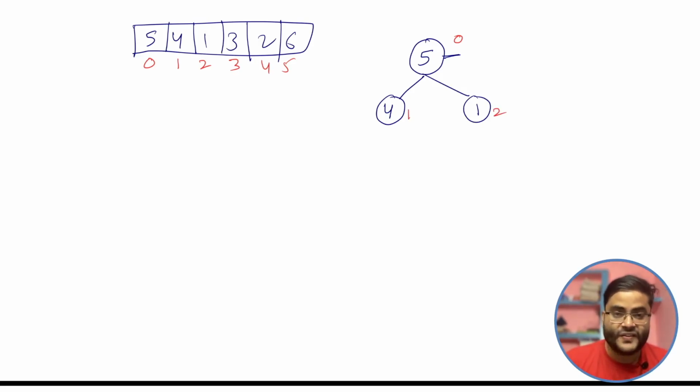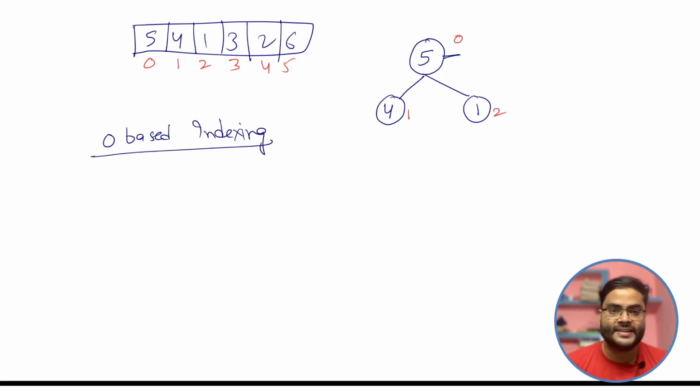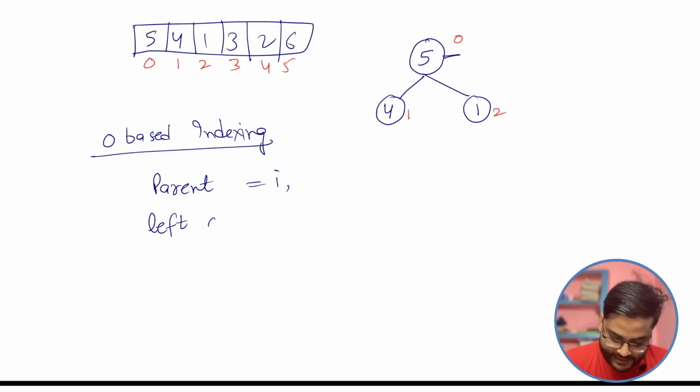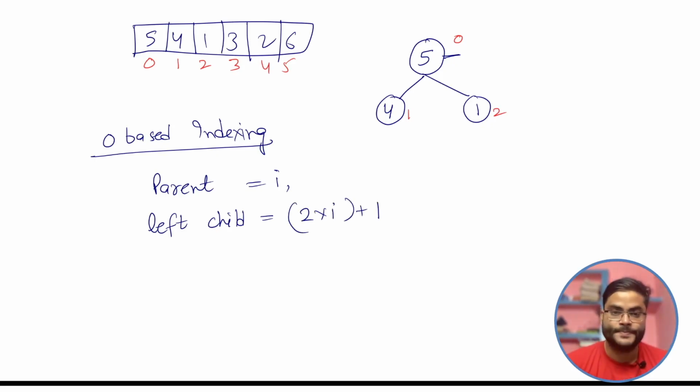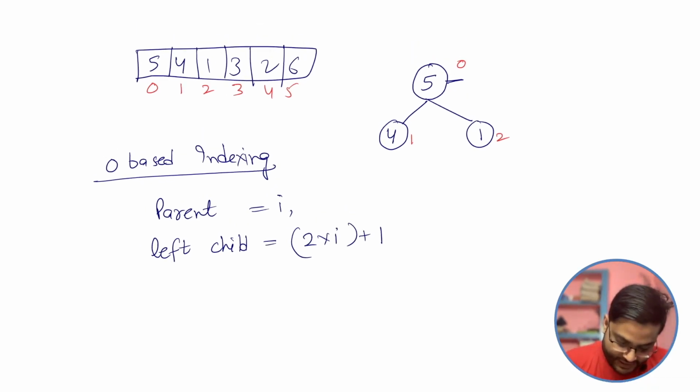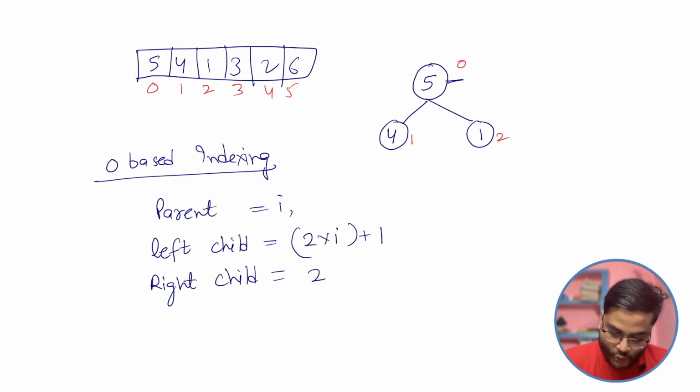So if we are taking zero based indexing, then let's say the parent is at I, and its left child will be at 2 into I plus 1, and its right child will be at 2 into I plus 2.